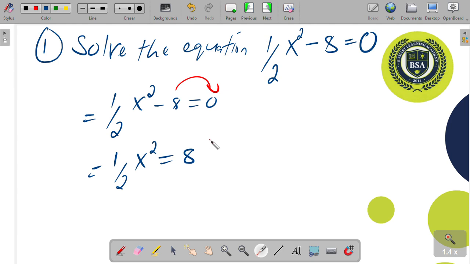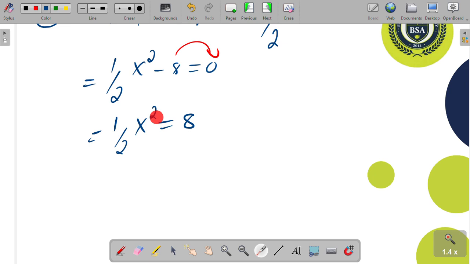That's the first step. And the second step, we need to isolate this x² by multiplying both sides by 2 to get rid of the fraction. So this is what we're going to do.